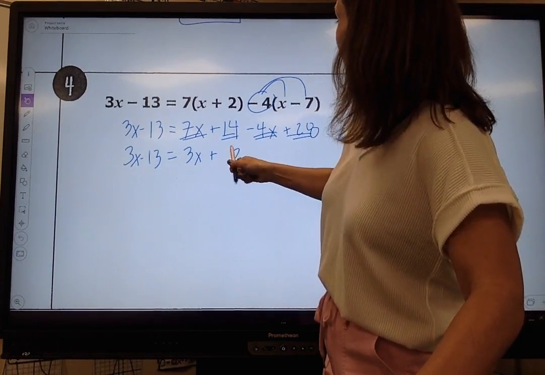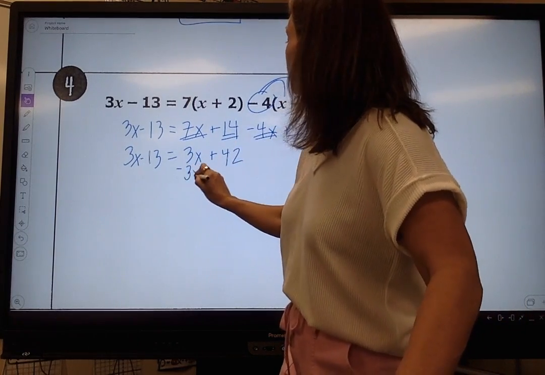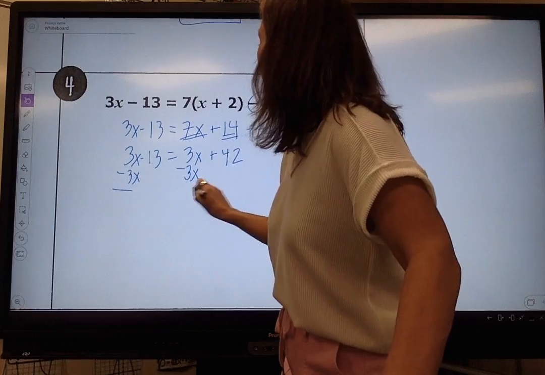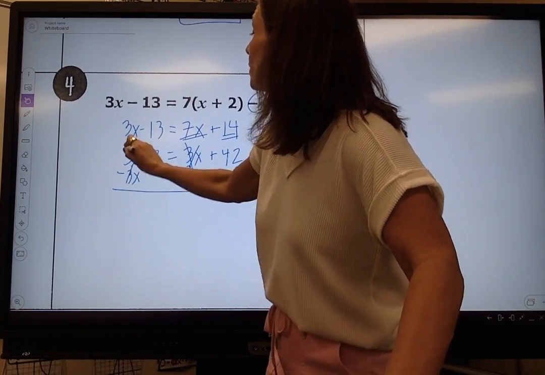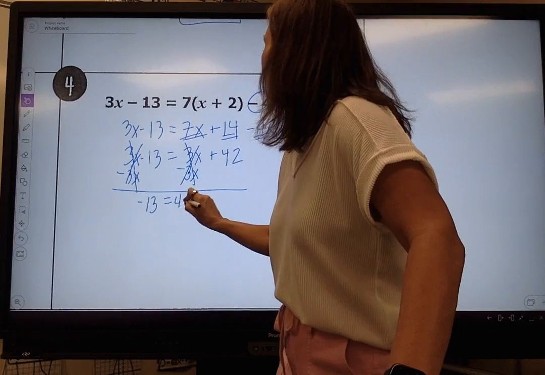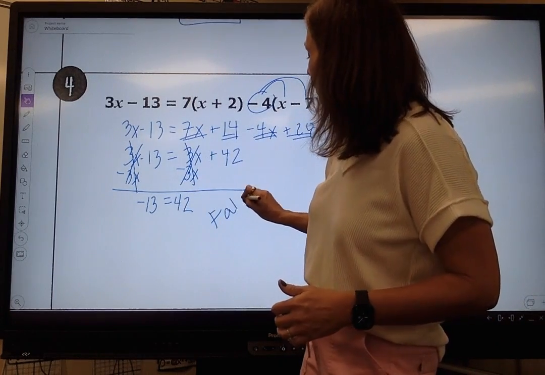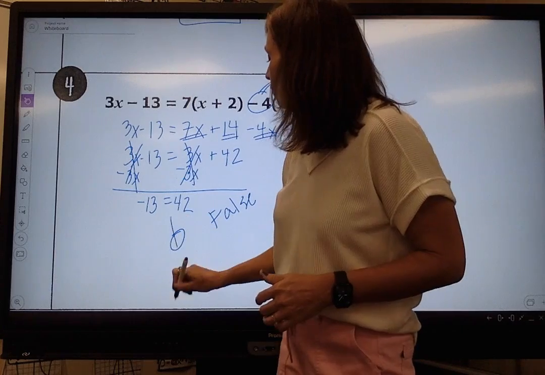What is wrong with me today? 42. And then I'm going to bring my variable term to the left. My variable terms have canceled out, and I'm left with -13 equals 42. This is a false statement. A false statement is no solution.